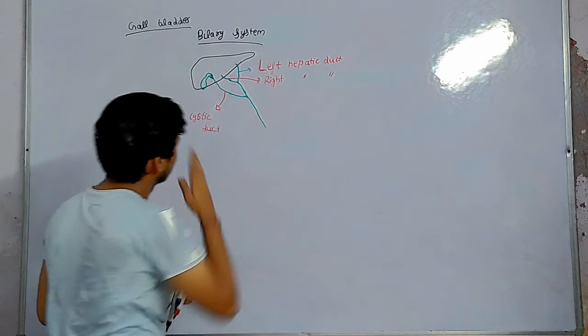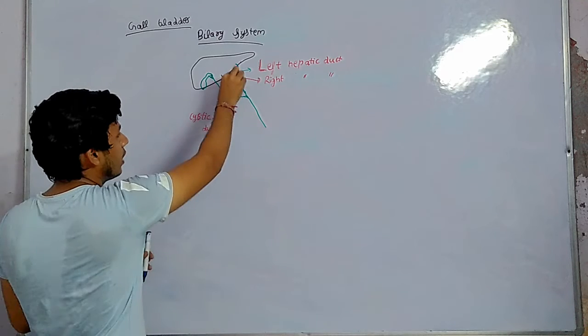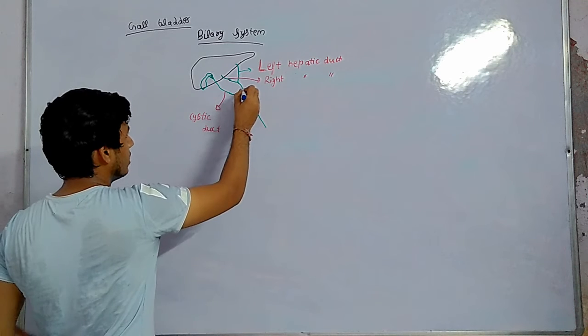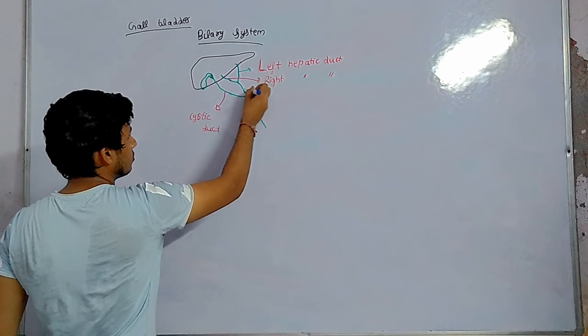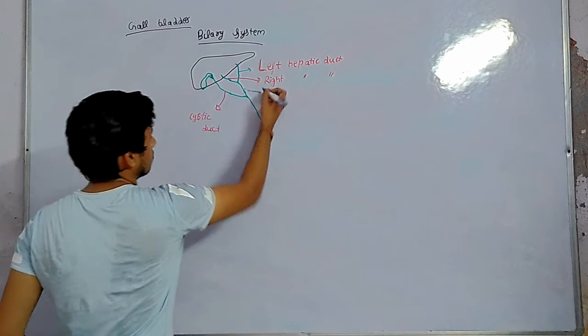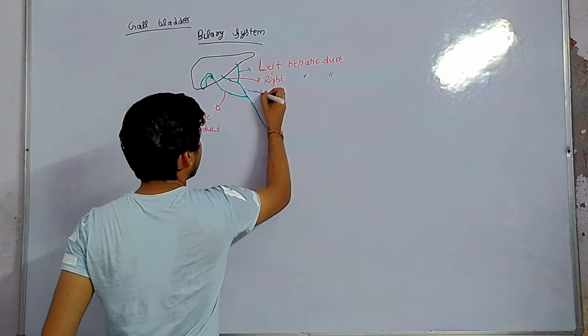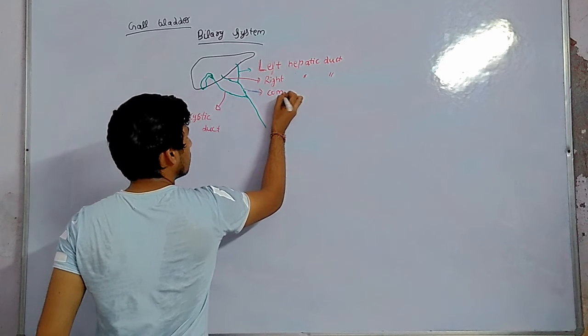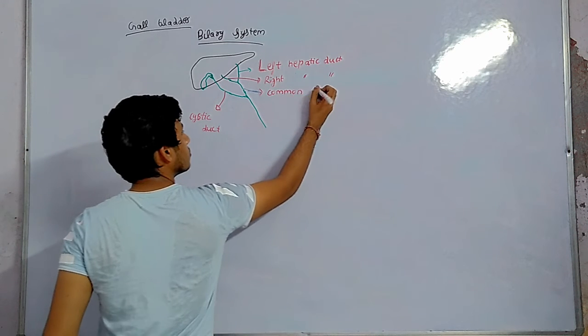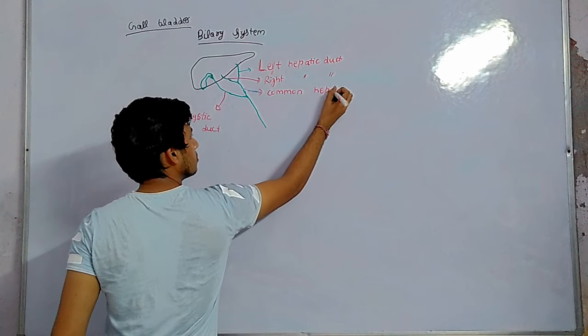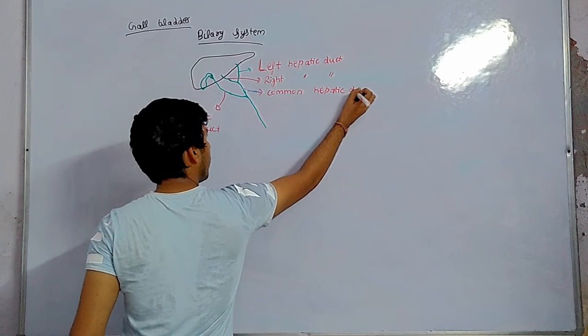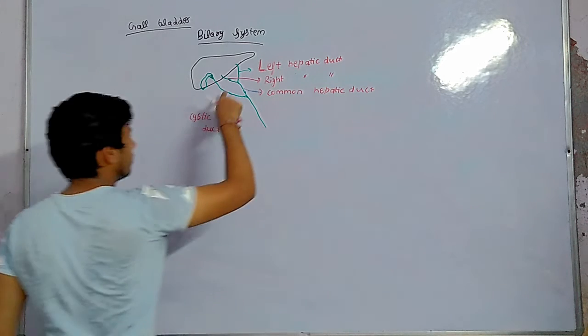When the left and right hepatic ducts combine, they form the common hepatic duct. Then this is the cystic duct.